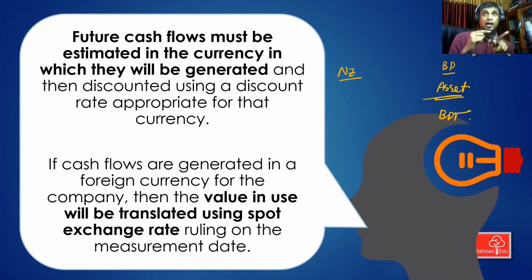Those accountants should prepare this cash flow, not your New Zealand accountant. If the New Zealand accountant prepares these cash flows, they will have a different mindset. They will think about the situation going on in New Zealand, so their prediction can be significantly deviated from the real situation here in Bangladesh. So consider the situation and the currency of Bangladesh, make your cash flow projection in BDT, and then discount it.